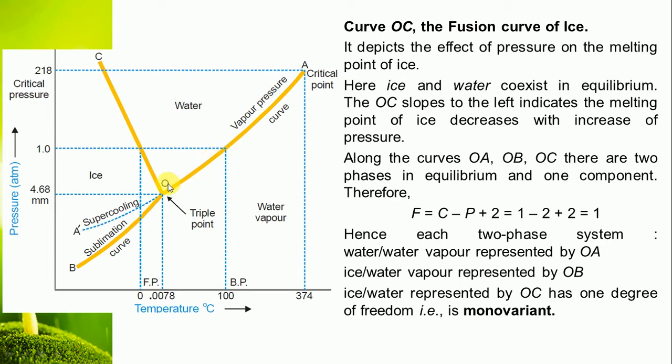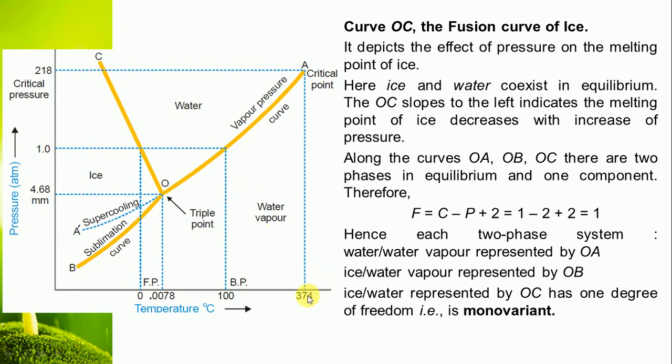For example, if you want liquid water and water vapor to coexist in dynamic equilibrium along the curve OC, then you have one choice. Since the degree of freedom is one, you have one choice, either the temperature or the pressure. If you set the temperature to 100 degrees Celsius, then you have to maintain a pressure of 1 atmosphere.